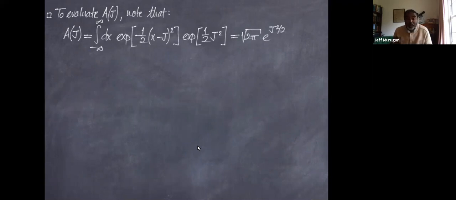Okay, so great. Now we have a closed form expression for this A of J, the source integral that we're considering.